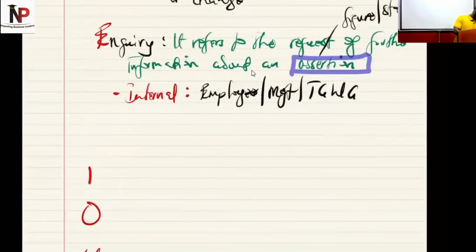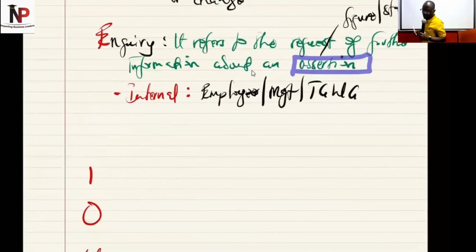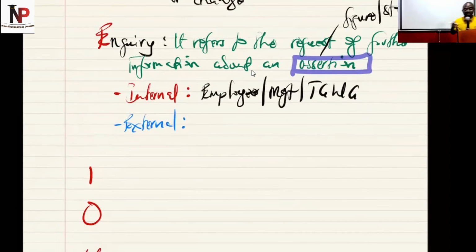But when they explain to us, sometimes we need to go outside the company for further information. So externally, we may need to make some inquiry as well, some confirmation. Sometimes we will need external confirmation. About what?